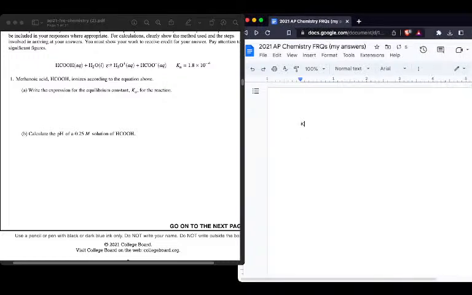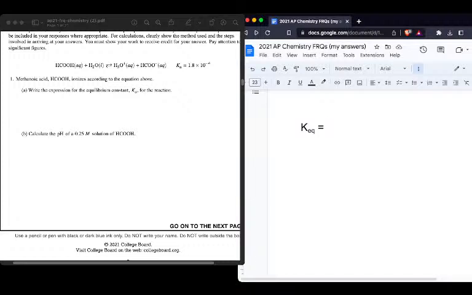Ka, just like any other KEQ, is the products over the reactants, and each of those concentrations needs to have the coefficient from the balanced chemical equation become each of the exponents.